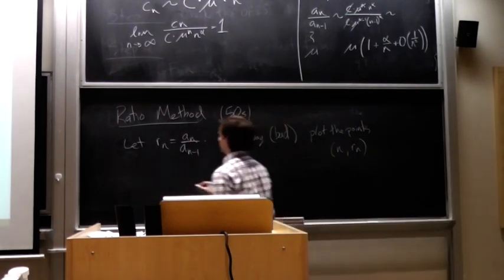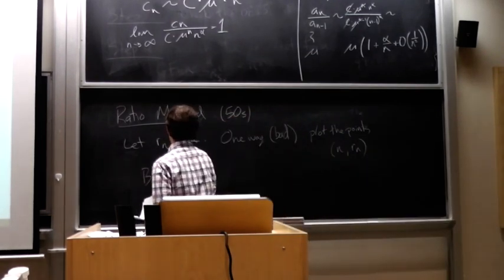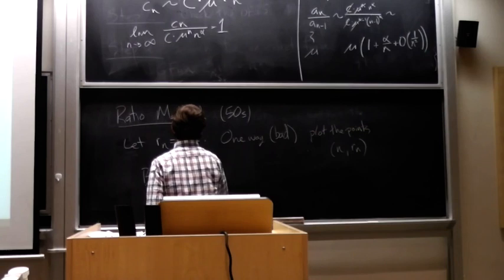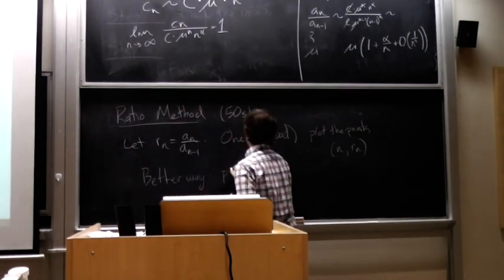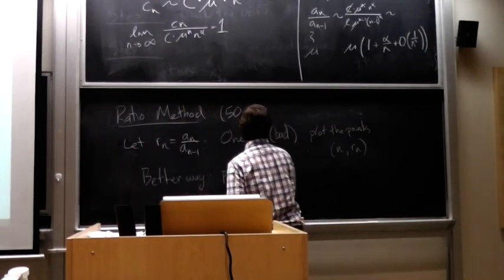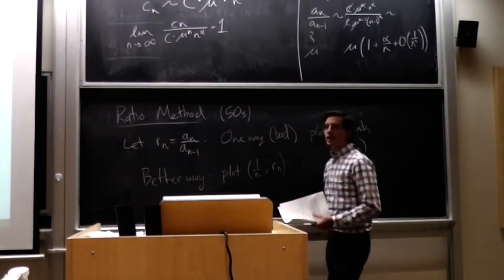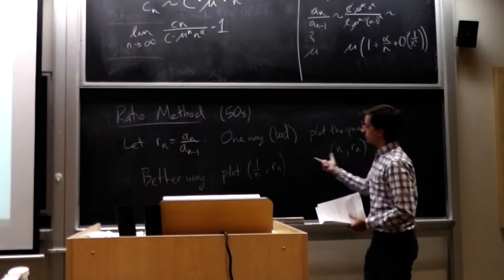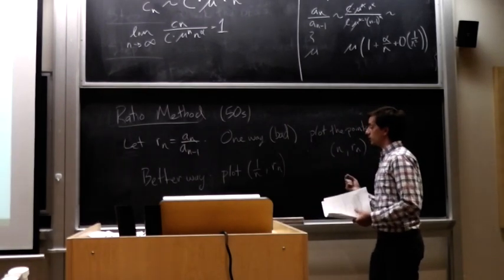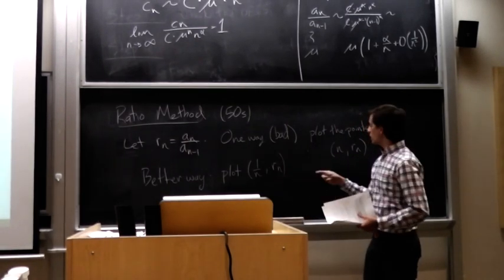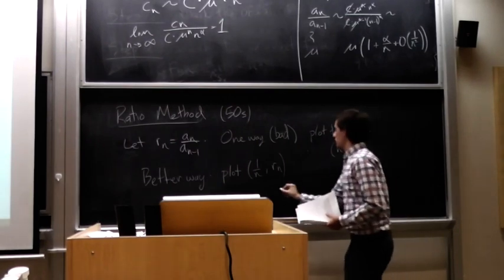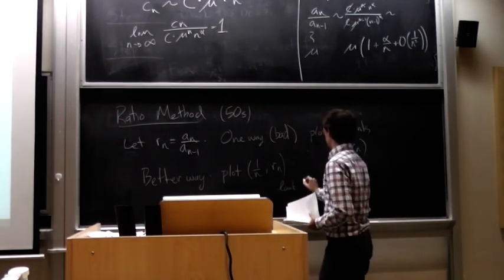So the better way to do it is to, instead of plotting the ratios against n, plot them against 1 over n. Now what you're doing is, instead of going to infinity on your x-axis, equivalently, you're going to 0. So we're not looking for the horizontal asymptote anymore, we're looking for the y-intercept.